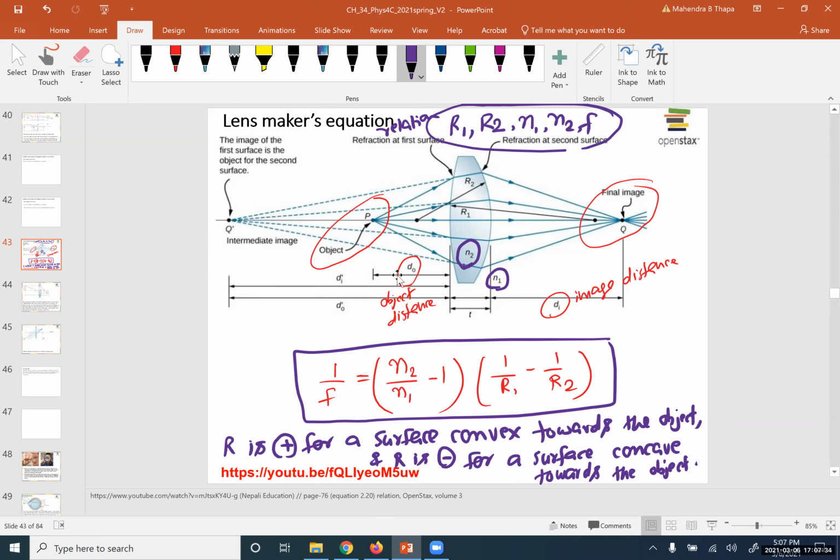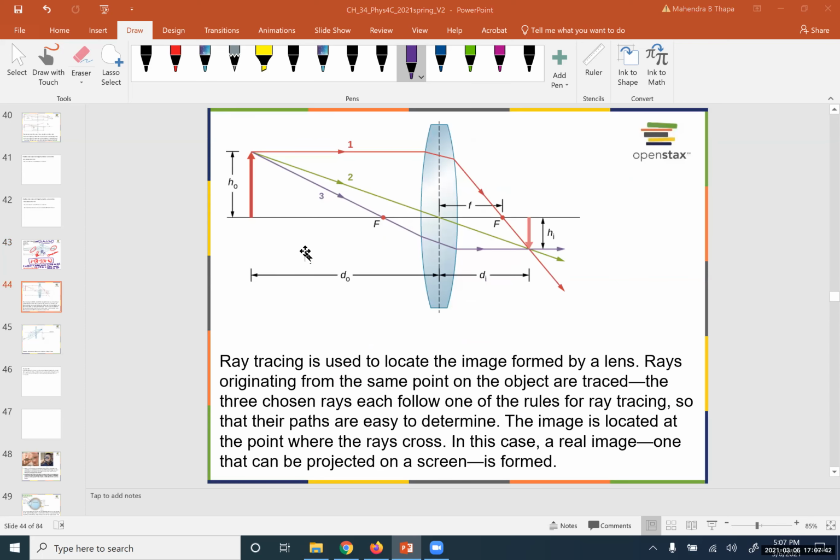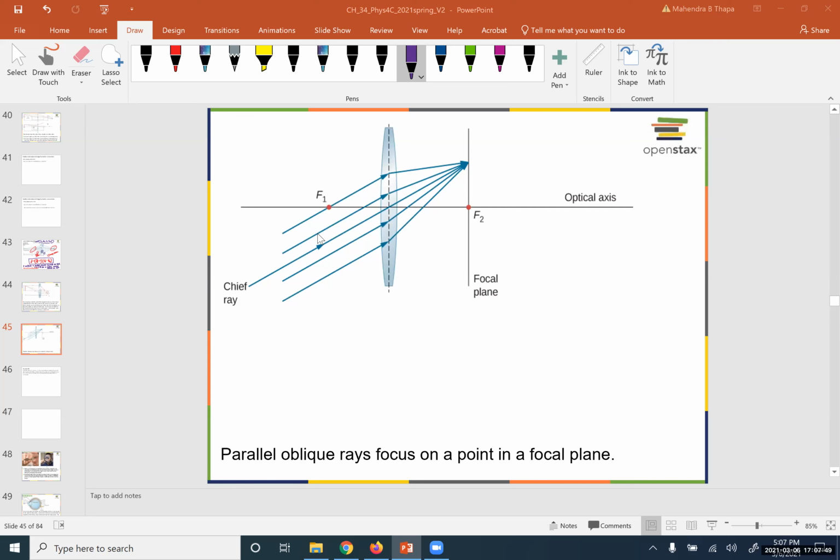The next part I'm talking about is how we can draw rays that are not parallel to the principal axis. For example, this is the general scenario with a convex lens.